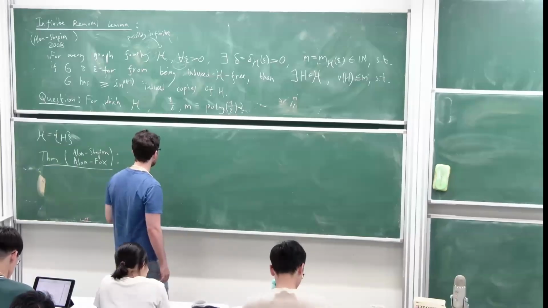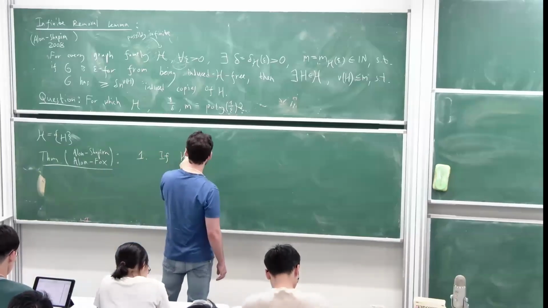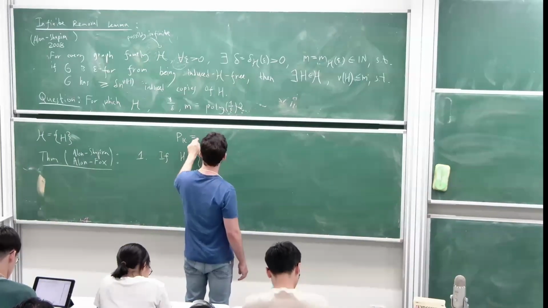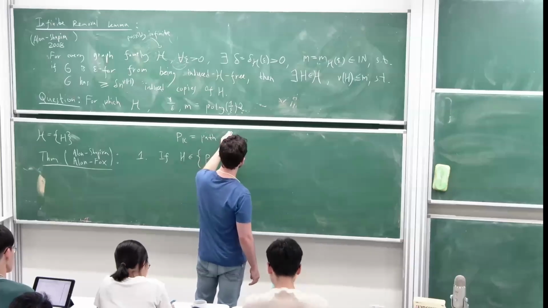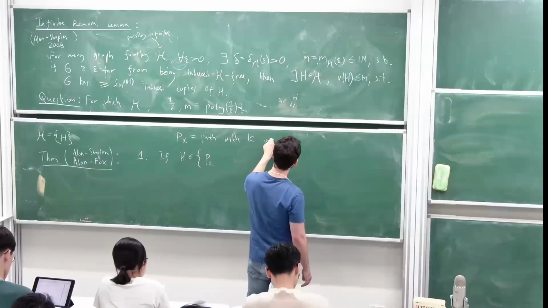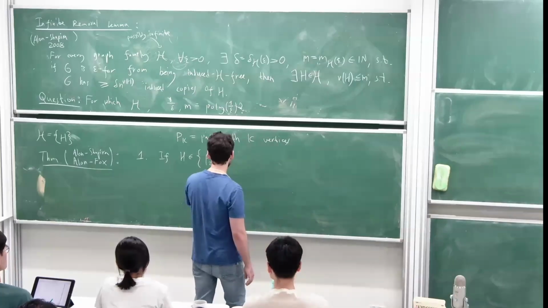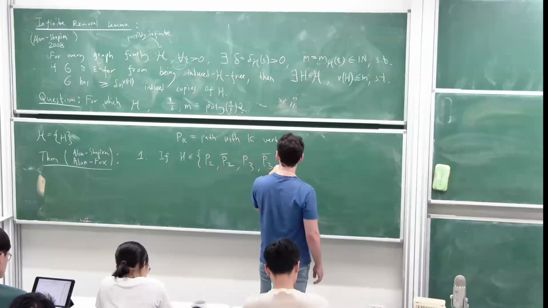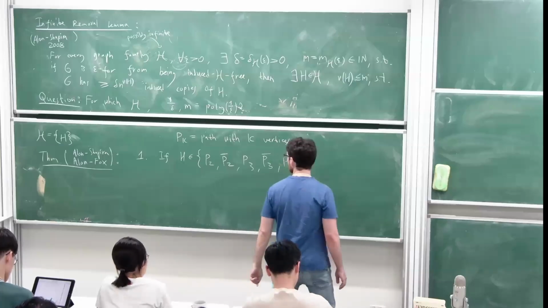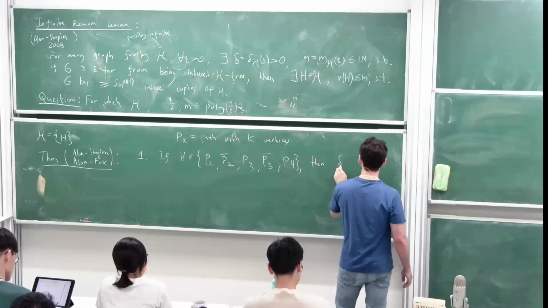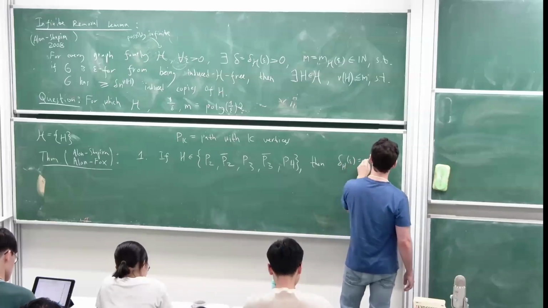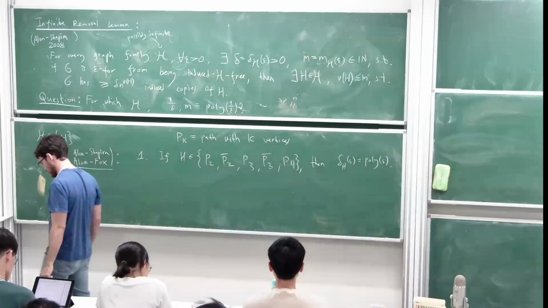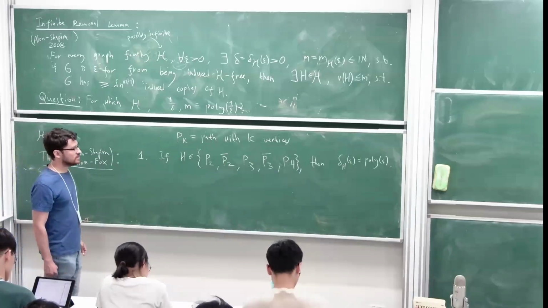First of all, if H is one of the following graphs, where I'll use P_k to denote the path with k vertices, so P2 is just an edge, then for these five graphs, the dependence is polynomial.